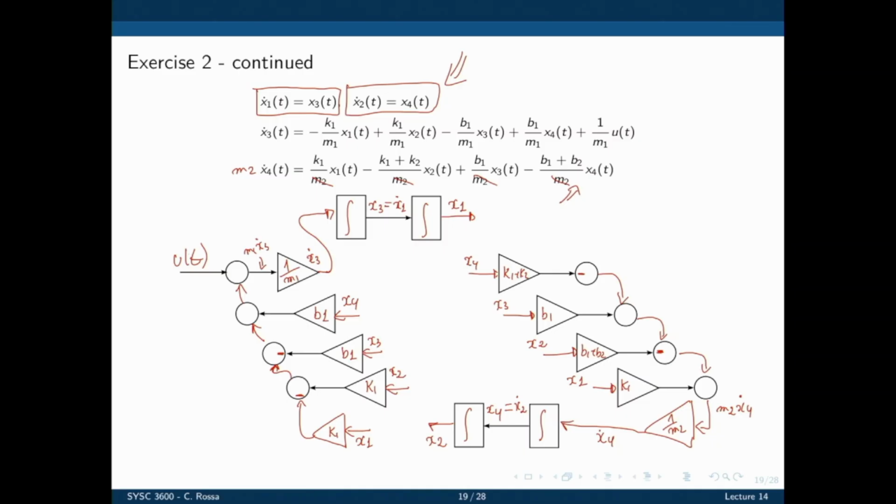Yeah. Questions there? Now we can connect everybody. Let's connect all the x4s. So these are x4s. These are also x3s, x2s, and x1s. There we go. And now we can close the loops here. Where do we get x4?